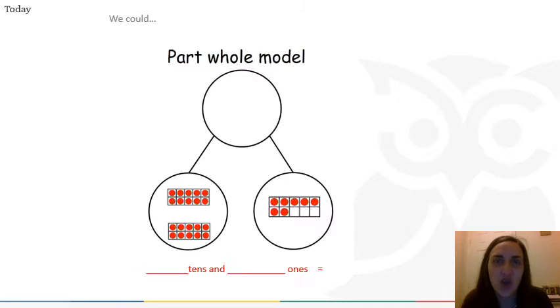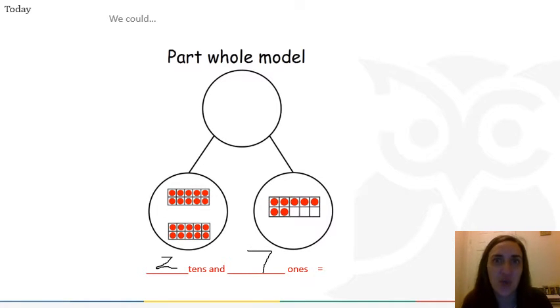Well, we could partition it like this. Move the 2 full 10 frames into one part. So we've got 2 tens in one part. And how many ones are in the 10 frame that's not full? 7 ones. Brilliant.